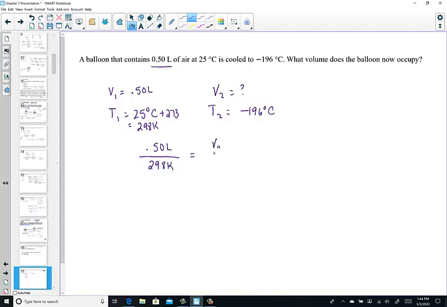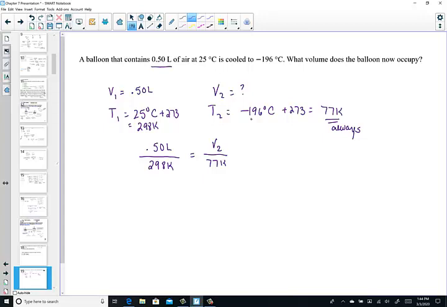We're looking for our new volume. And don't forget to add 273 to this Celsius. And that gives me a value of 77 Kelvin units. And remember, always, always, Kelvin. If we had placed a negative temperature, we'd end up with a negative volume, and that makes no sense, does it?